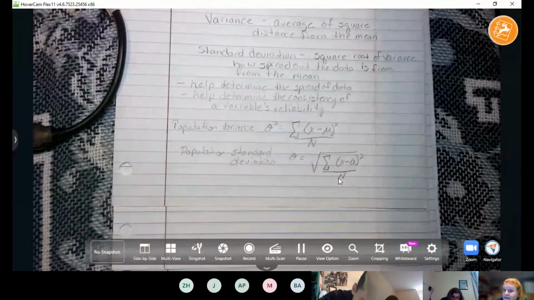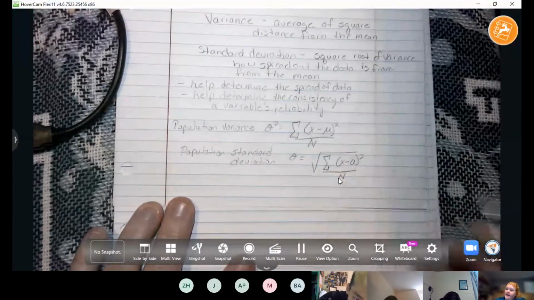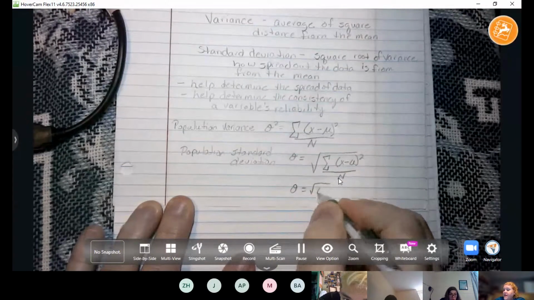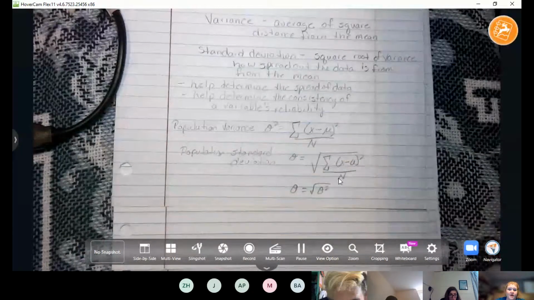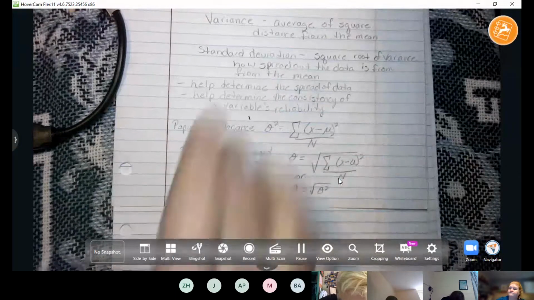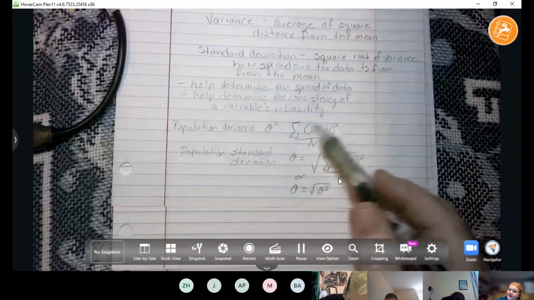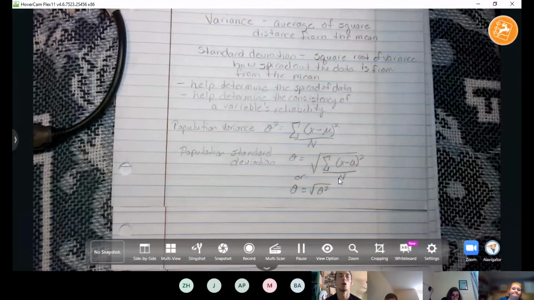So they look very, very complicated, but simply you can just remember that standard deviation is really just the square root of whatever that answer was for the variance. If you just remember whatever answer you got here, you take the square root of it.